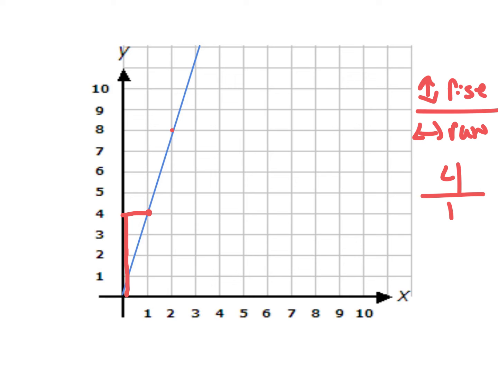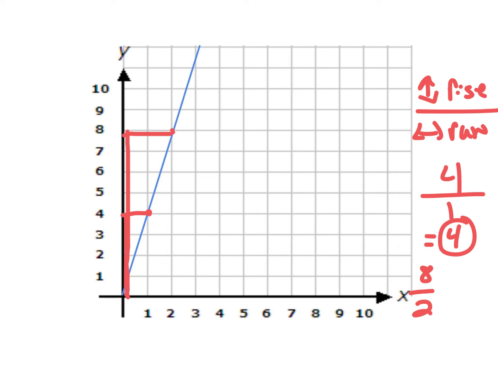So 4 divided by 1 equals 4, so that is actually our slope. Now, let's say you chose that this spot was a good one. It's the same thing. I'm going to rise up 8, and I ran over 2.